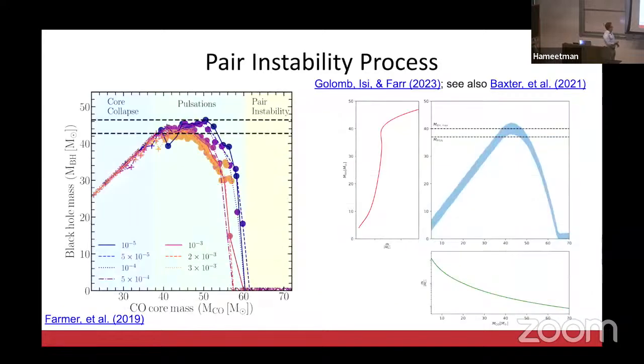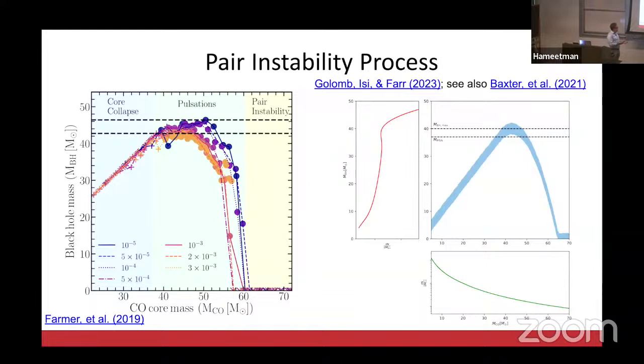So here is a paper by Rob Farmer, who is a stellar modeler, and he's reporting on models of massive stars. These are stars with a carbon-oxygen core mass of 30, 40, 50, 60 solar masses, so the total mass is maybe considerably higher, maybe even double that in some cases.